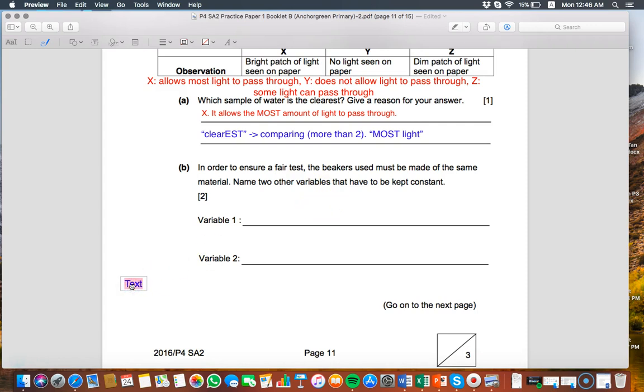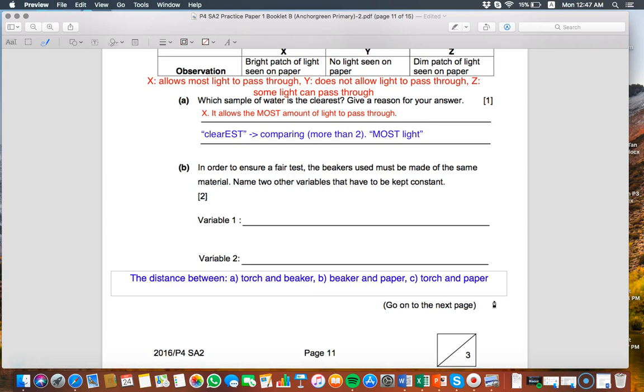So we can talk about the distance between A, the torch and the beaker, B, beaker and paper, C, torch and the paper.